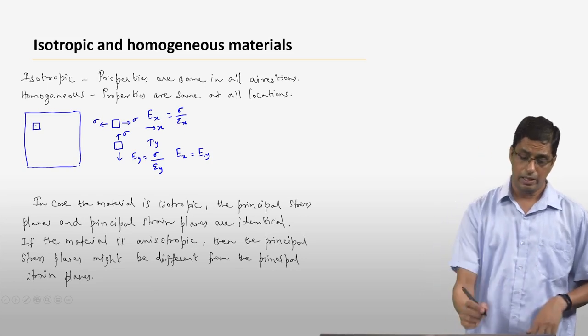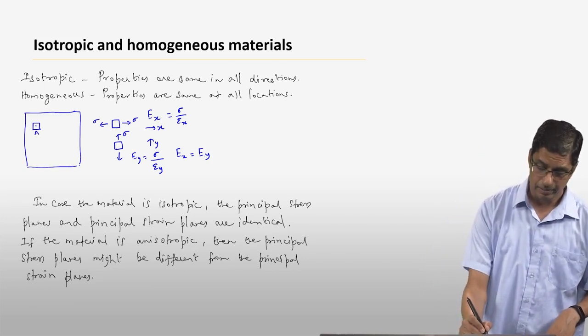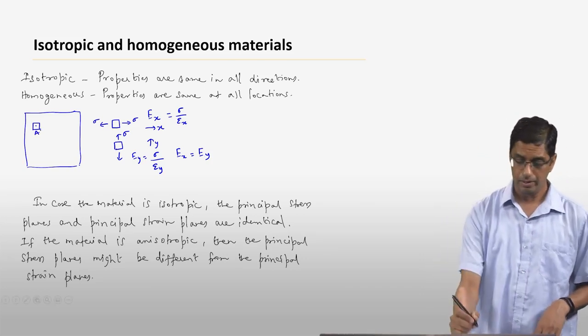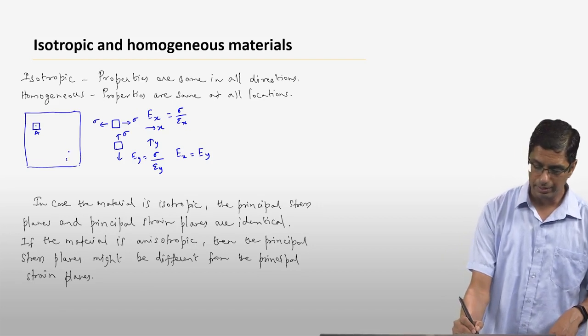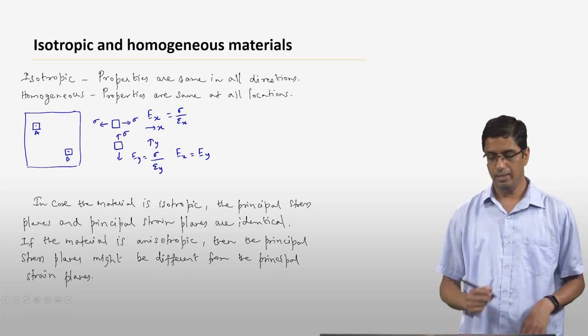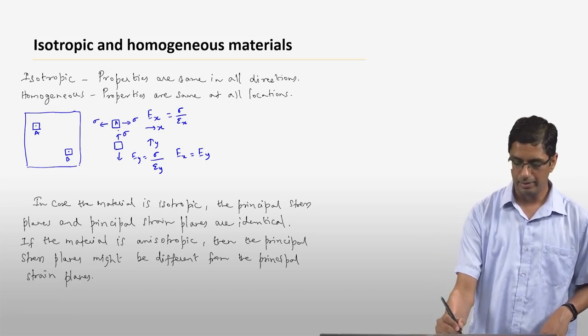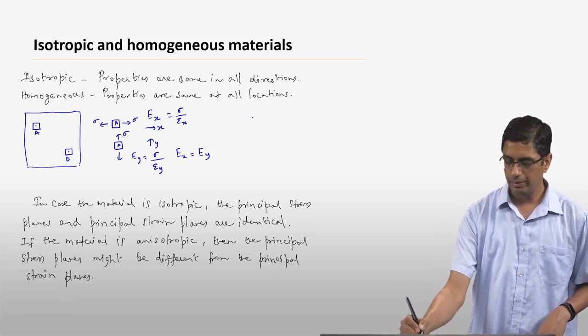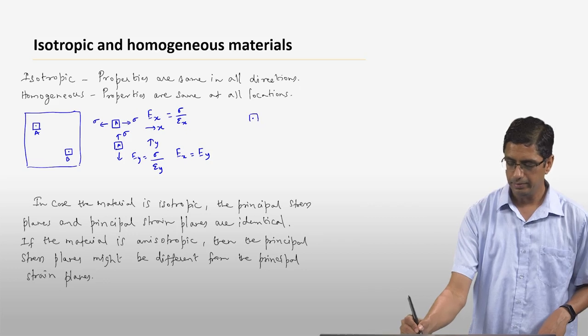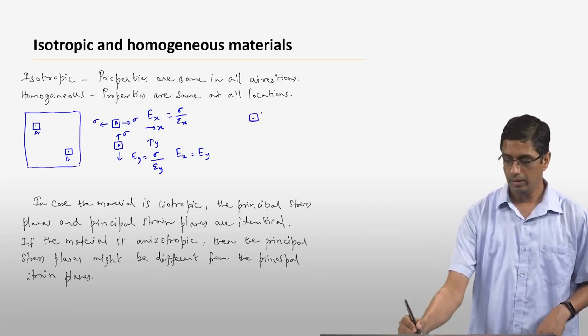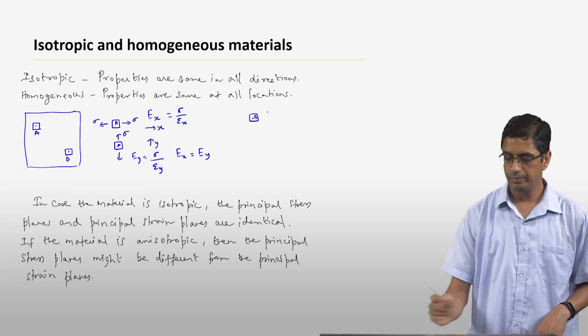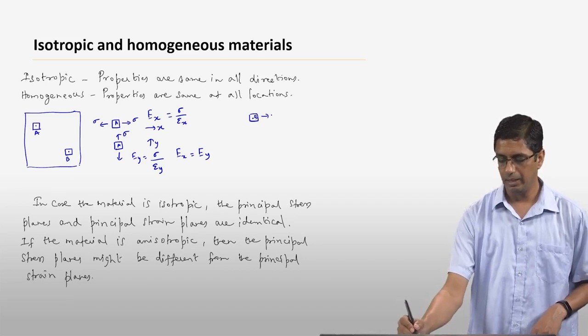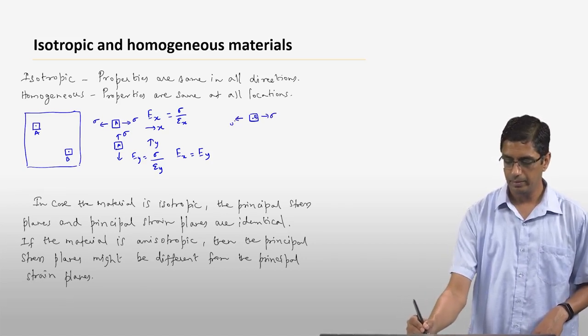Now, homogeneity is different. I take this location A, and now I go to another location B. I do the same experiment: I apply sigma, and I get an Ex.